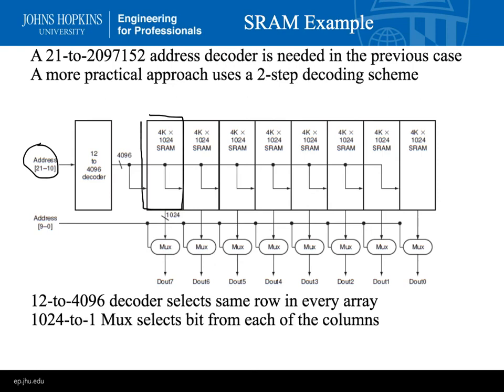And then each row will actually have 2 to the 10 choices of data in it. So the lower bits will tell us which of the 2 to the 10 bits in this row will be chosen. So the top decoder chooses a row, and the lower one will choose, according to the bottom 10 bits, which bit in this row will get chosen. And then there should be 16 outputs. In the figure they only show 8. But this is splitting it up into 2 pieces.